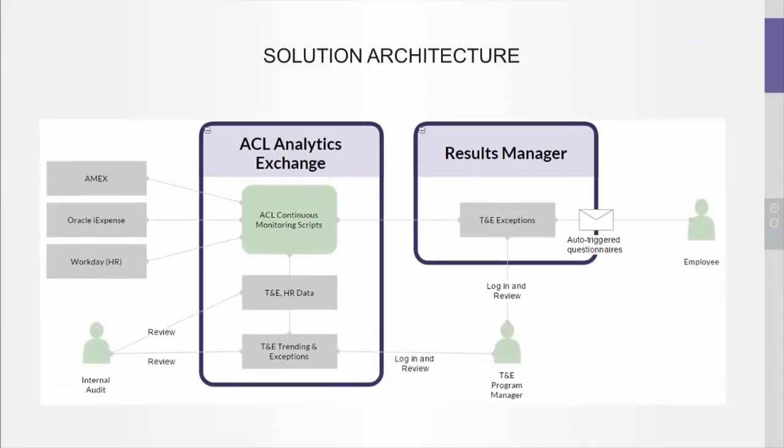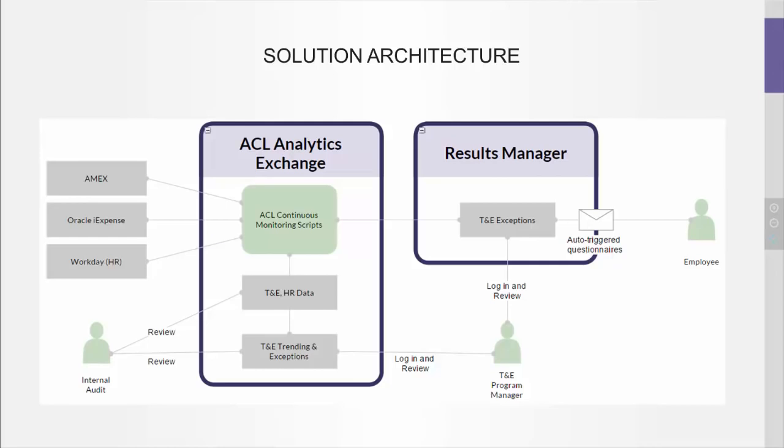Awesome. And so just to talk a little bit about the solution architecture here, it's similar to what we had at Bon Secours, but we have the added component of Results Manager. So we have Amex, Oracle iExpense, and Workday HR data coming into the continuous monitoring scripts that are used for trending and exceptions.